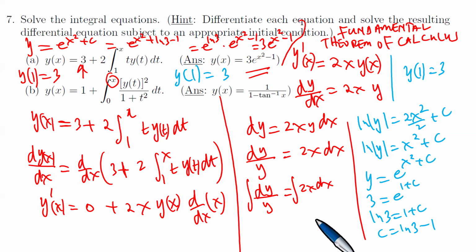So we continue. Think about it and make sure you understand this because we are moving on to the next thing. We need to practice these questions more. You need to make sure you understand this problem, but the answer is already there. They wrote y of x equal to 3e to the x squared minus 1.